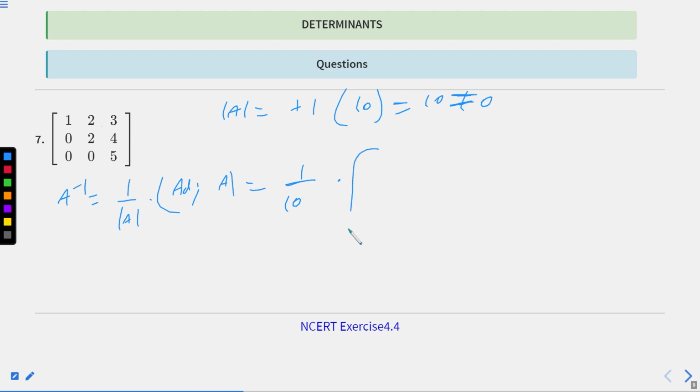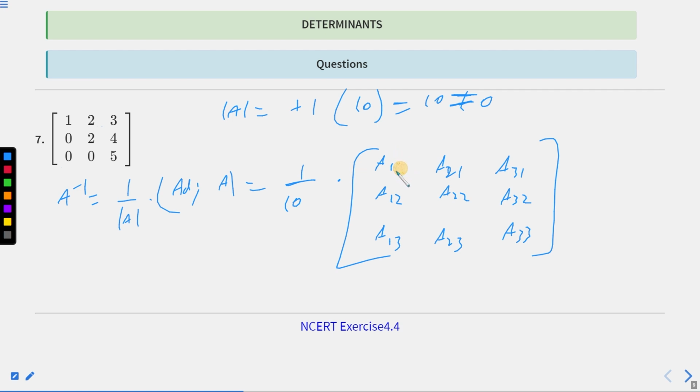Now the adjoint of A. Adjoint of A is nothing but A11, A12, A13, A21, A22, A23, A31, A32, A33. Now let me first of all give signs. 11 means plus. Then 1 2 means odd, minus, and 1 3 means plus.